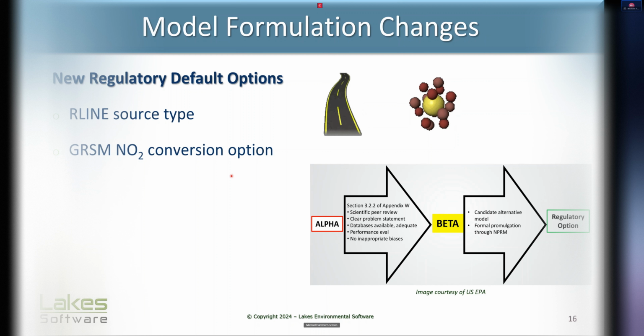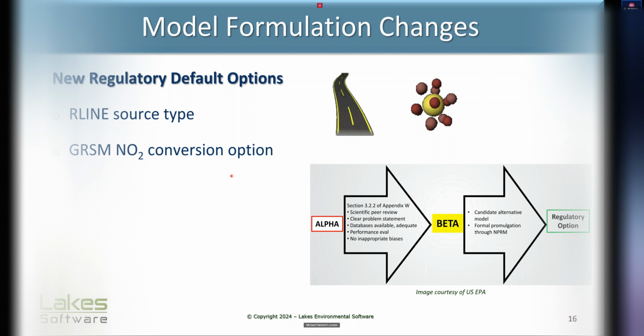GRSM has been present in AERMOD for a while as an alpha and then a beta option. The primary motivation for the incorporation of GRSM into AERMOD was to address photolytic conversion of NO2 to NO and also address the time of travel for NOx plumes when assessing NO to NO2 conversion via ozone titration.